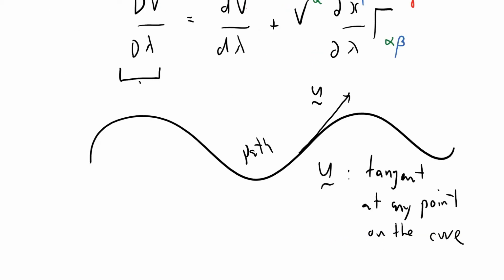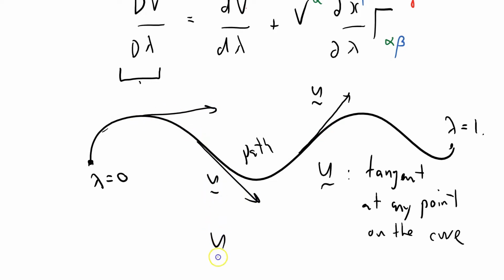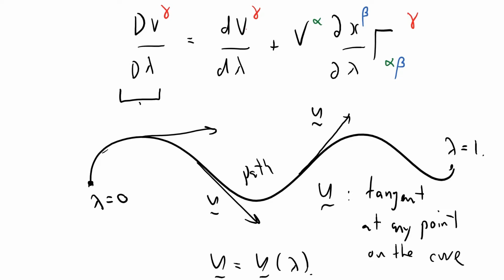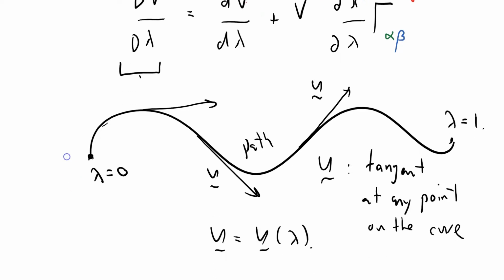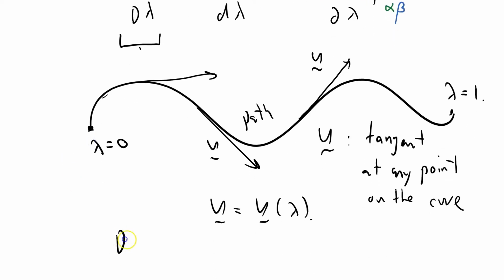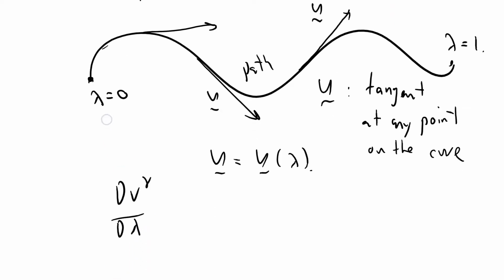So that's my path, starting here, lambda equals 0, lambda equals 1, and we cruise along this path, and at each point we've got this tangent vector u, which is a function of lambda, I guess.